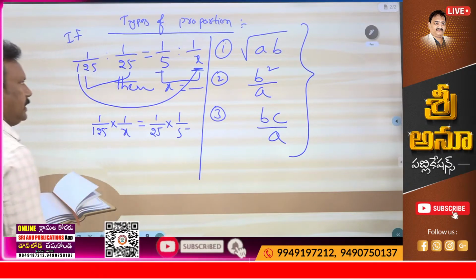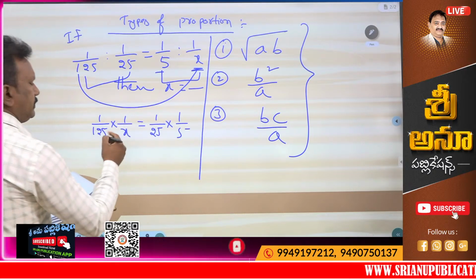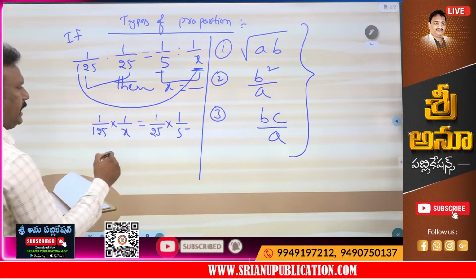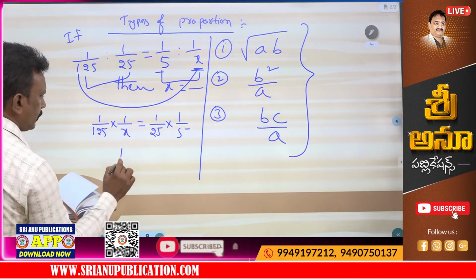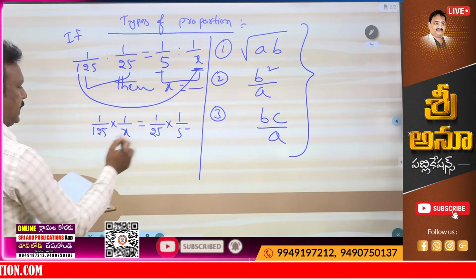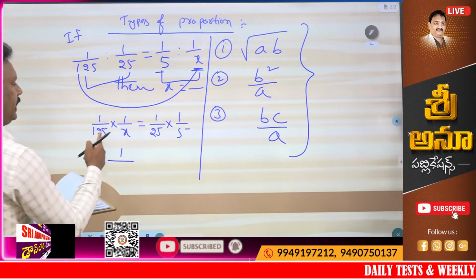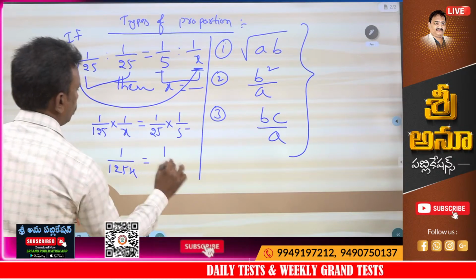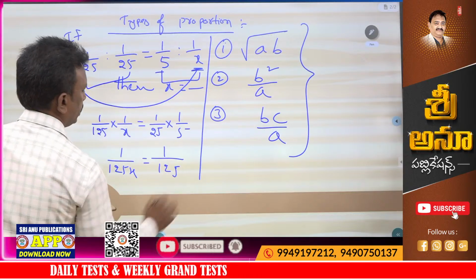Okay, right. So this one is equal to 1 by 125, which can be written as 1 by 125 into x, just writing the denominators. 125x is equal to 1 by 25 fives, which is also 125.